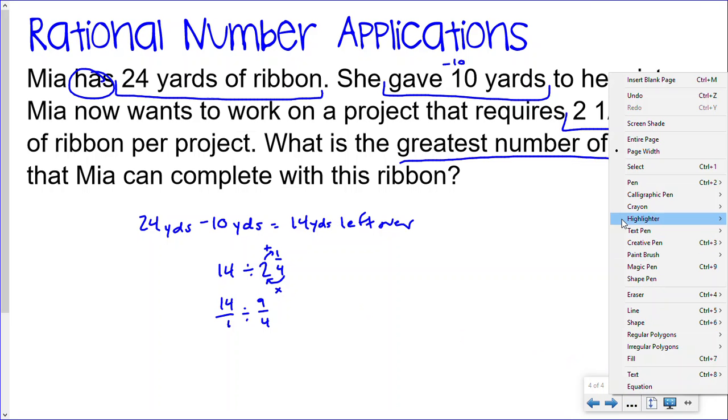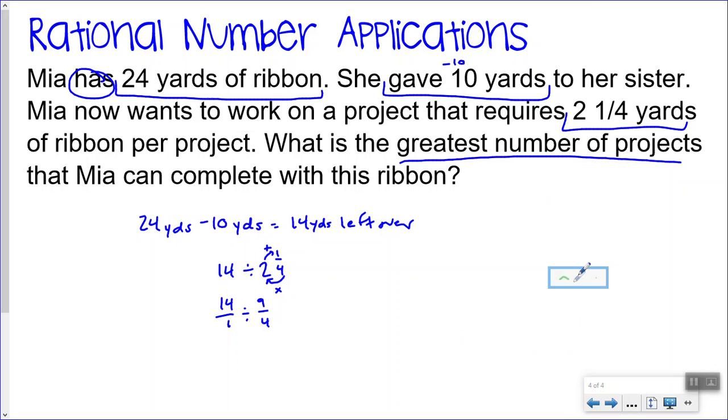This is where we have to remember that when we divide two fractions, we have to use keep, change, flip. We keep the first fraction the same, and instead of dividing, we multiply by the reciprocal. So I'm going to go ahead and multiply directly across. 14 times 4 is 56, and 1 times 9 is 9.